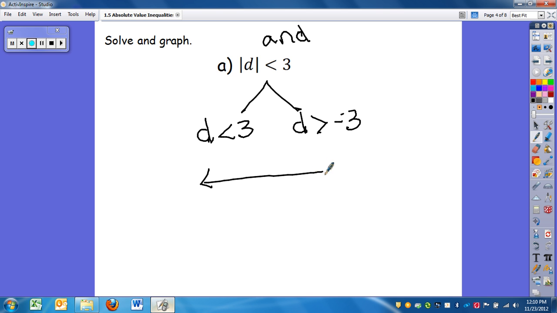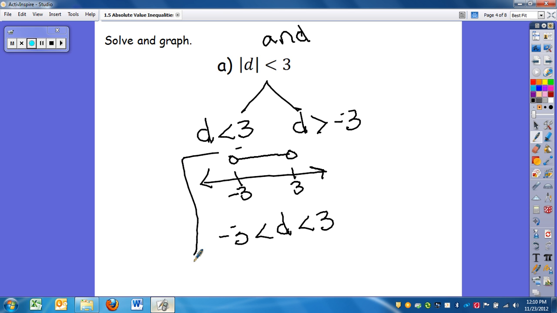So I can graph negative 3 and 3. They both are not equal to. So we have open circles, and it's in between. Again, I cannot write that as my final answer. This is my final graph, but since it's an inequality, I need to write it as an and compound inequality.